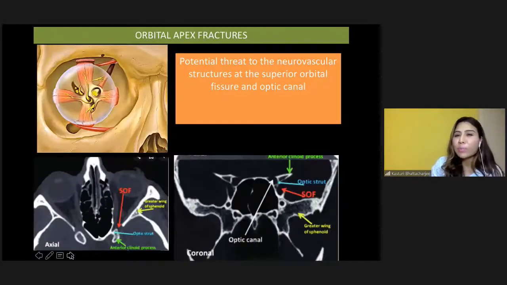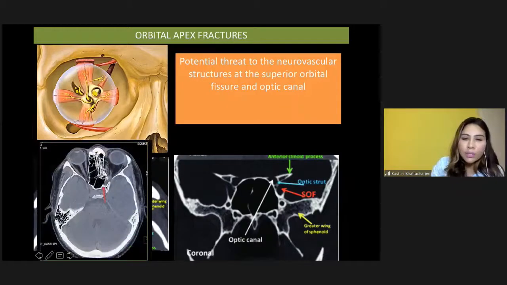When you have an apical fracture, one should be very careful. Why? Because in the apex we have two important structures, the superior orbital fissure and the optic canal. Through the optic canal pass the ophthalmic artery and the optic nerve, and through the superior orbital fissure we have the most important blood vessels and the nerves, third, fourth, sixth, going. So one should be very careful when you operate or do some surgical procedure in the orbital apex.